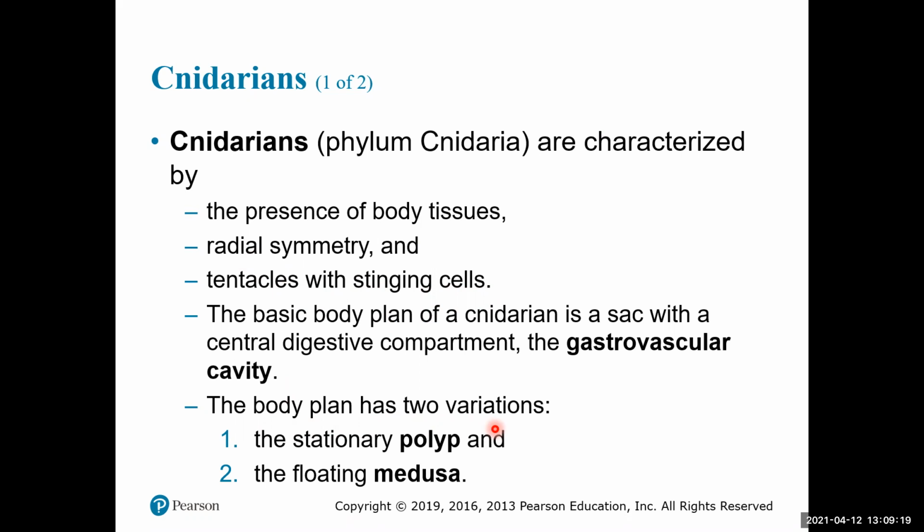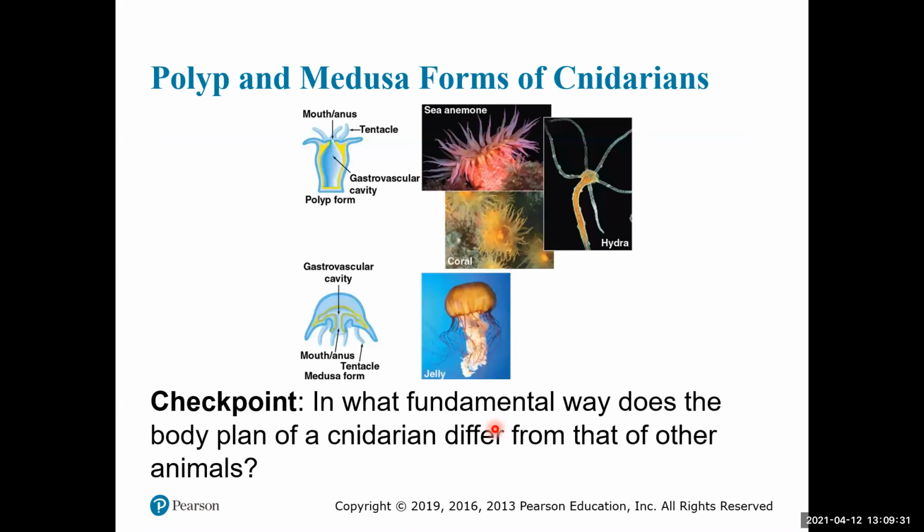So a sea anemone that is attached to a rock that has like the little tentacles is a polyp. A floating medusa is like you think of a jellyfish kind of floating in the water, right? So these forms here. And so you can see you only have the two tissue layers, the outer tissue and the inner tissue in both of these cases.